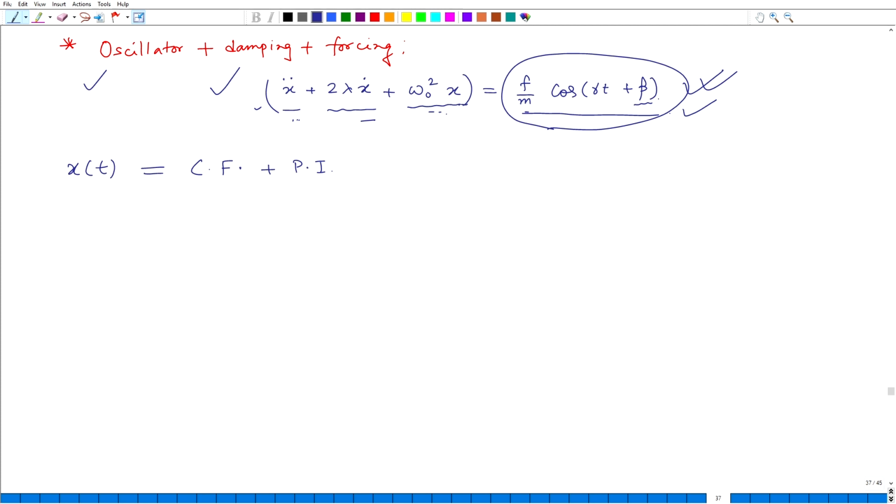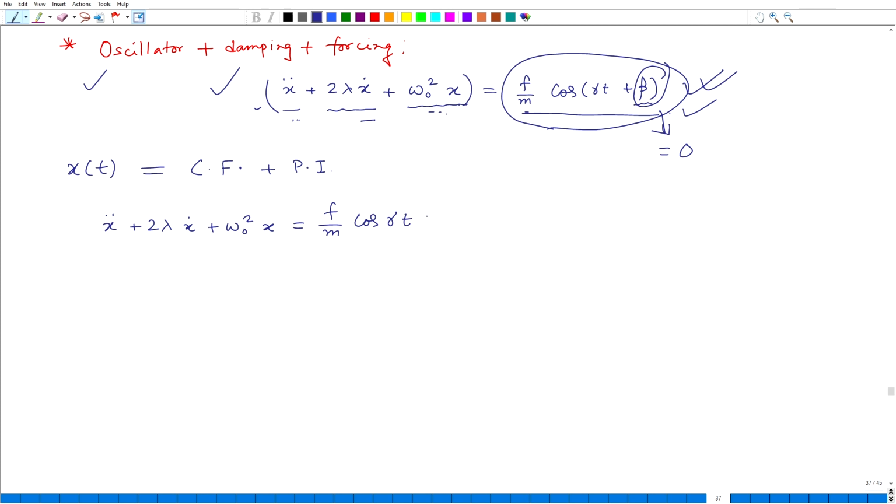We can forget this initial phase beta, we can set beta equal to 0. Then you will simply have the equation x double dot plus 2 lambda x dot plus omega 0 square x is equal to f by m cos gamma t.